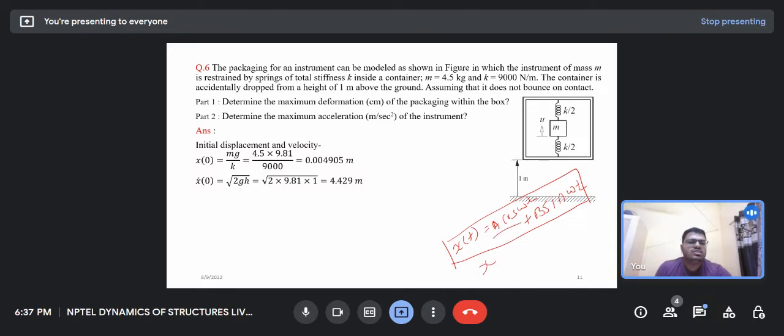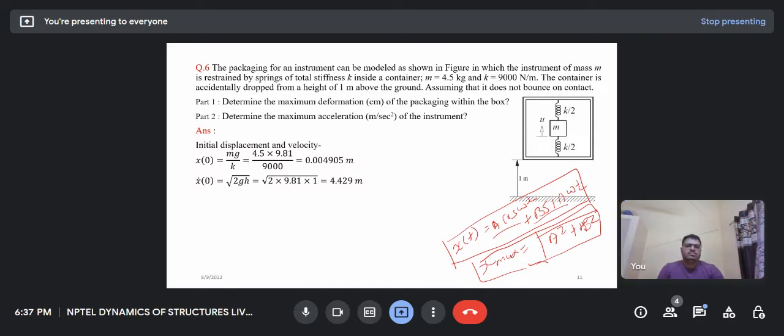If our equation is in these terms, your maximum deformation will be the square root of A square plus B square. So you need to find out A and B.